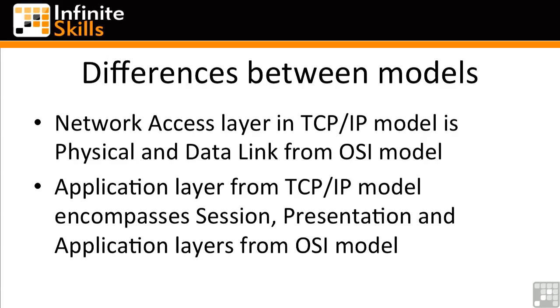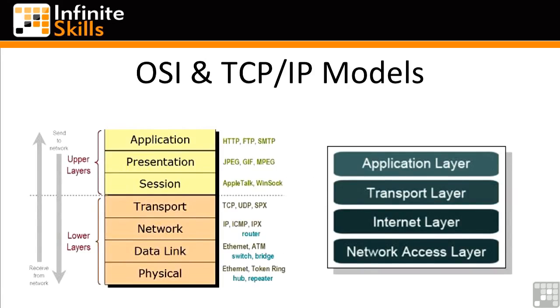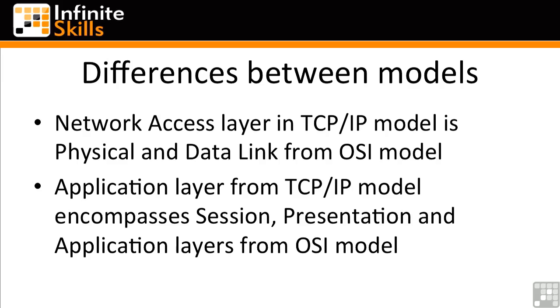If I were to say the layer 1 function in the TCP/IP model, you wouldn't necessarily know if I was talking about a physical thing or a data link thing. Since there's more granularity in the OSI model, it's better to talk about the functionality in terms of the layers in the OSI model. And that's the 2 predominant models, the OSI model and the TCP/IP model, for network stacks and network protocols and applications.